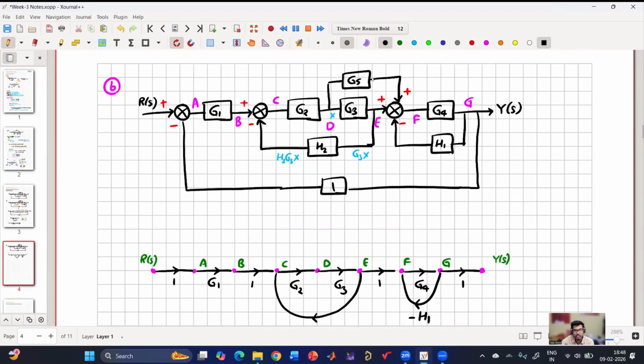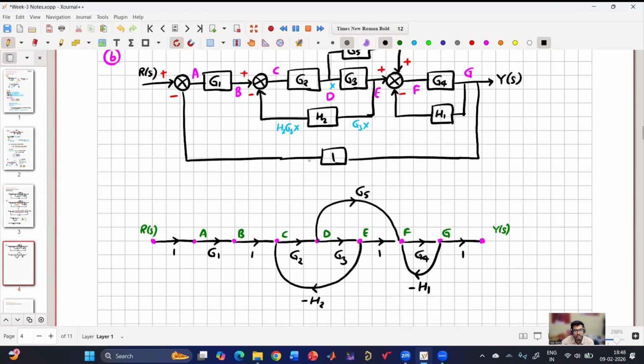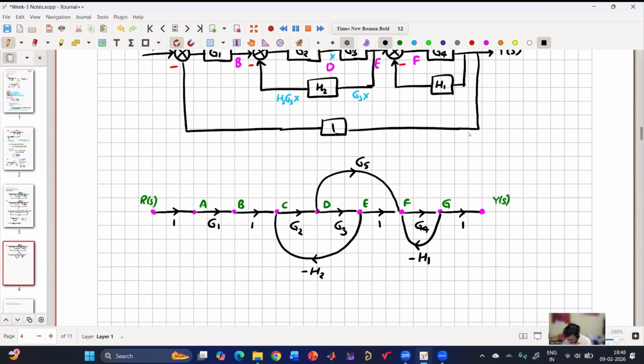G5 is missing, which is from D and it is getting added to F. So from D to F, we have G5. And G to A. So it is getting added at A, which is 1. So from G to A, this gain is minus 1. So this is our overall signal flow graph.